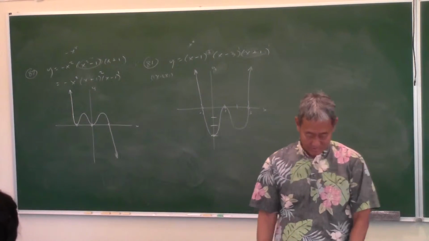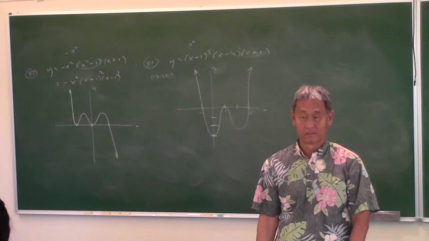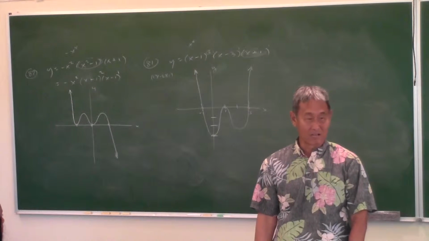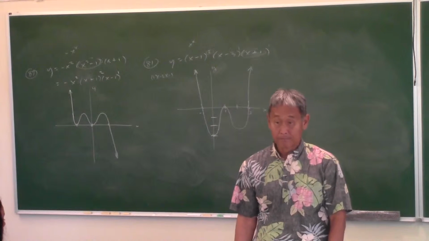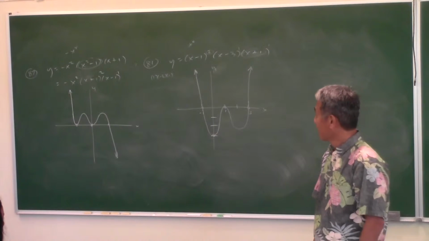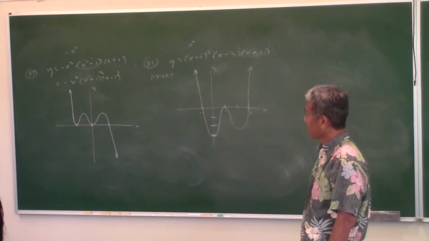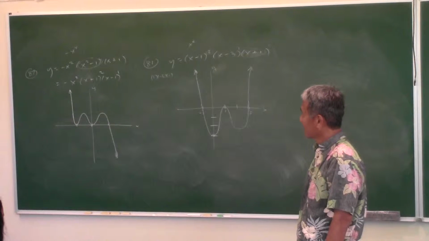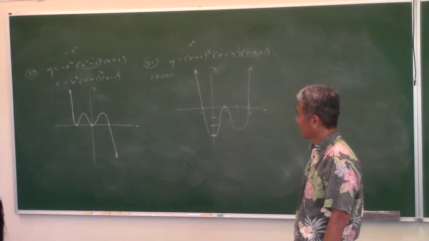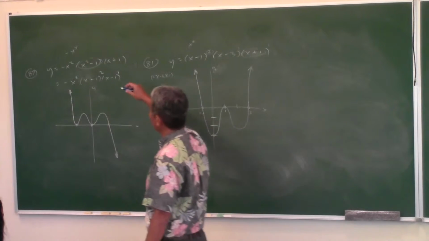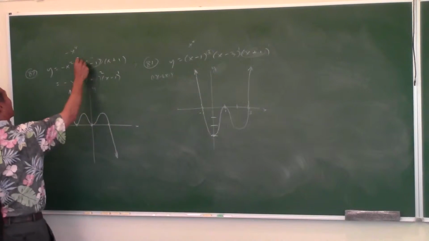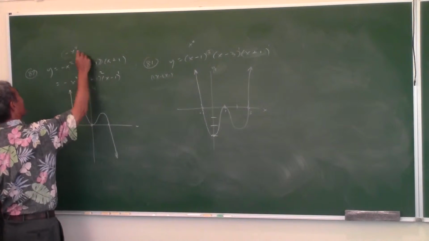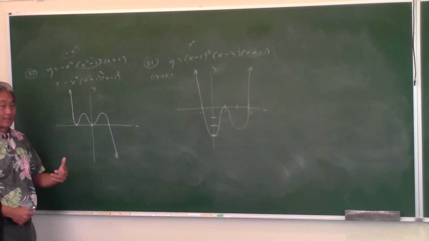Okay, any other questions? We got this down? So when there's a negative in front of the first x, how do you know whether it's coming from the bottom or from the top? Oh, because if you multiply out everything, the first term tells you the end behavior.